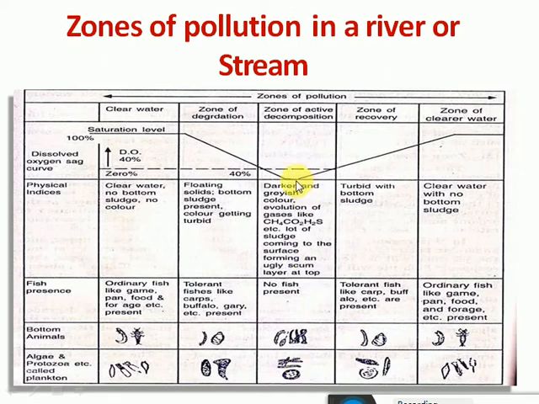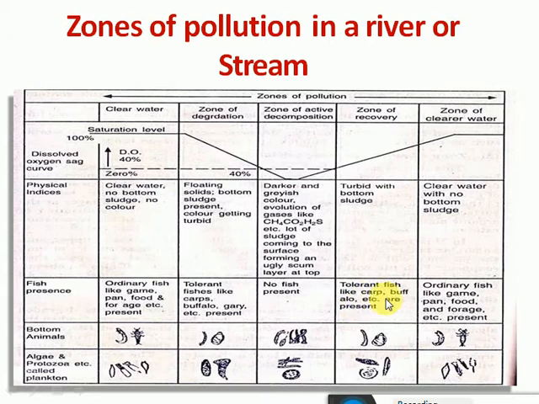Then, after a period of time, we have the zone of recovery. In this stage, the water will become turbid with settlement of the sludge. Whenever the degradation of organic matter has taken place, the sludge has to settle at the bottom. It will slowly start to settle, and the water will appear somewhat turbid.